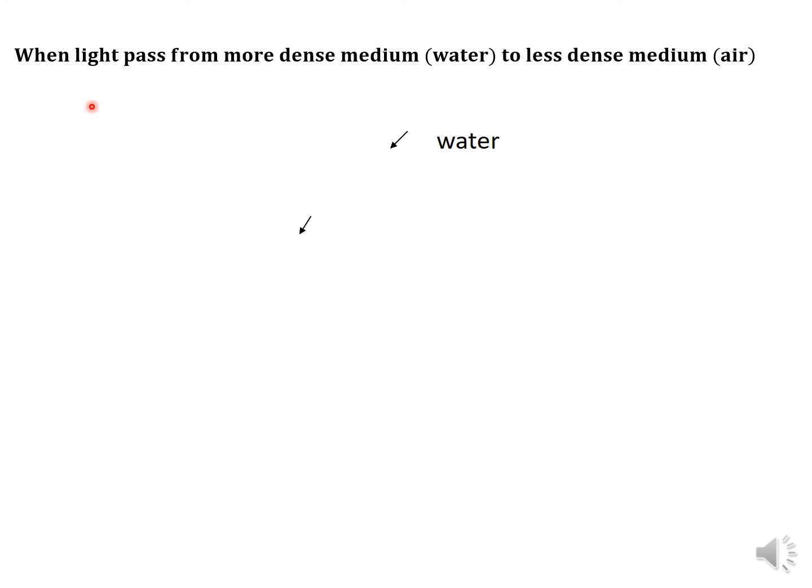when بقى light pass from more dense medium اللي هو الووتر to less dense medium اللي هو الاير، يبقى العكس هيحدث in that case. اللايت هيجي من المور دنس ميديوم اللي هو الووتر to less dense medium اللي هو الاير. ادي الباوندري surface between the two media and this is the normal of refraction. اللايت هيجي هنا from water to point of incidence, we will draw the normal of refraction like that, وده اسمه boundary surface which separates between these two media.